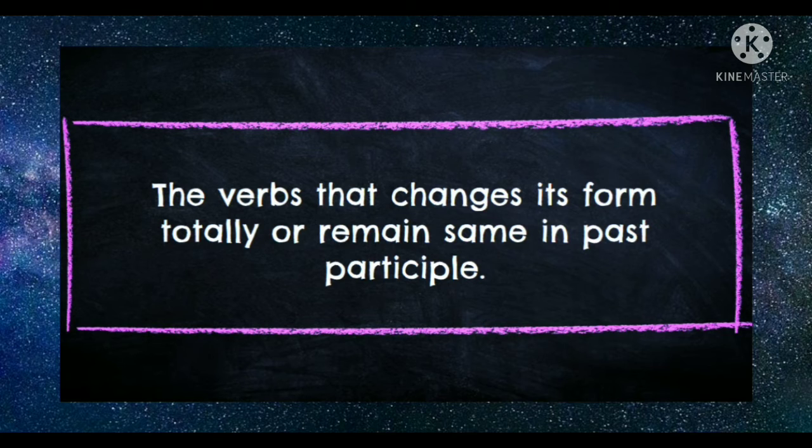Totally changing means the spelling and the pronunciation will change. Remaining the same means both spelling and pronunciation remain the same when we change the verb into the past tense.